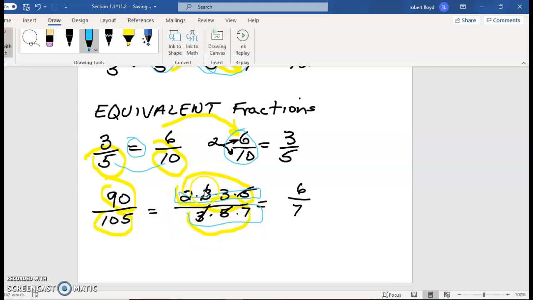So these 3's cancel each other, and the 5's cancel each other. So now we're left with a 2 times 3 for the numerator, or 6, and the only thing left for the denominator is 7. So we have 1 times 1 is 1 times 7 is 7. And we will continue on 1.2 in a moment.